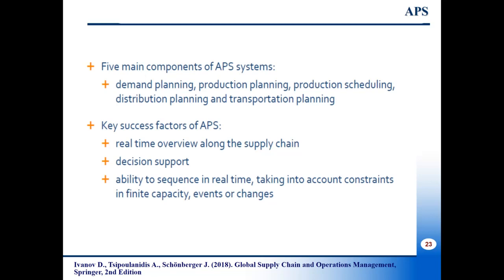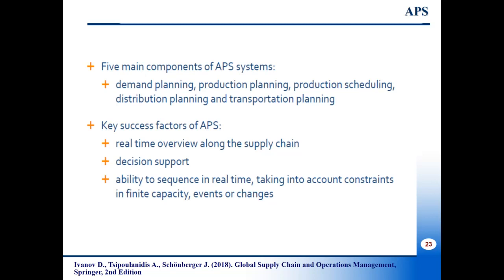And third, the willingness to share information, for instance, cost or capacities, is related to trust issues. And therefore, in order to apply APS successfully, one thing that should be in place is some kind of coordination, cooperation, and collaboration across the supply chain.